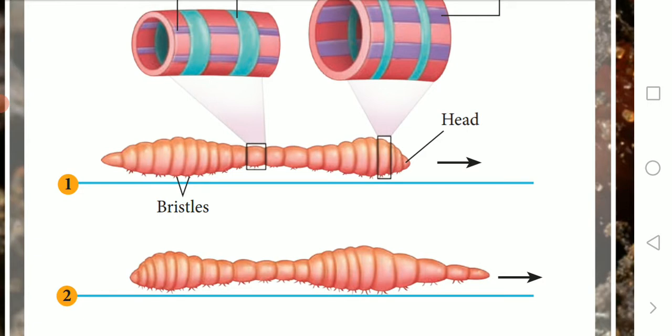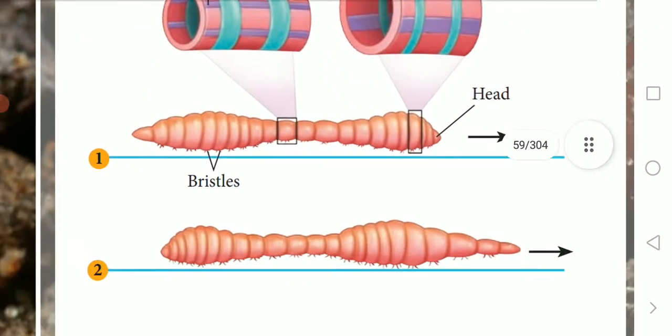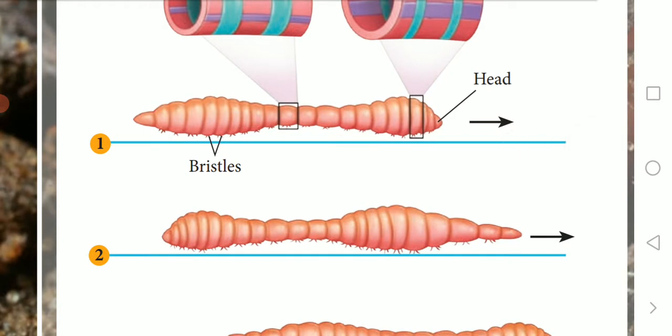The contraction of the longitudinal muscles, here, makes the body short and broad.